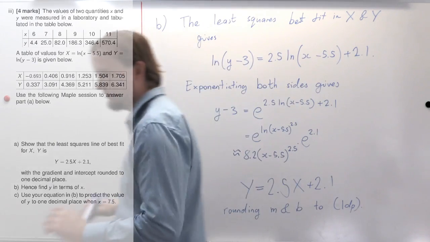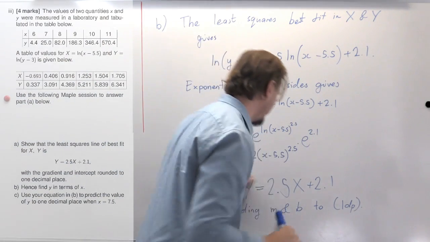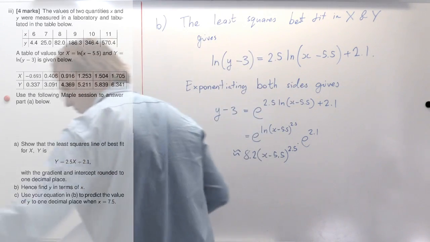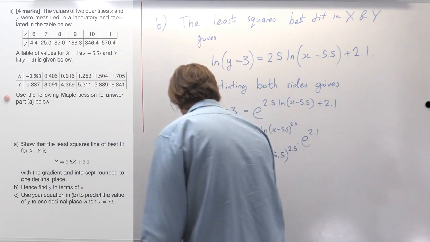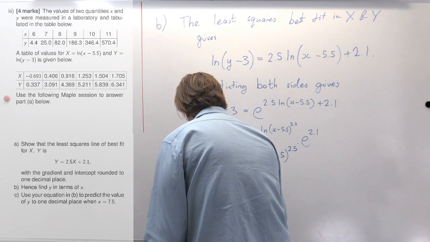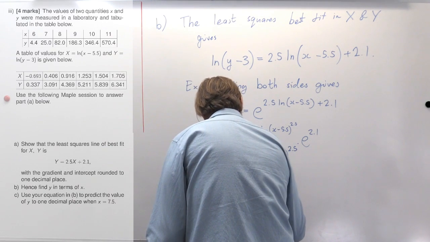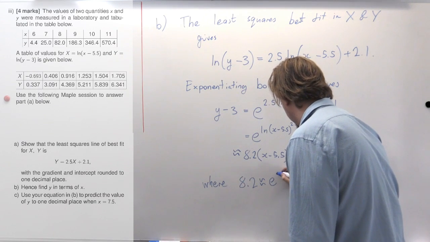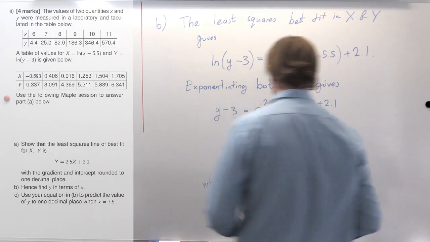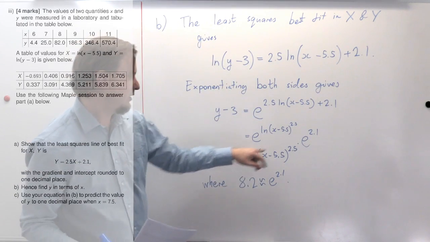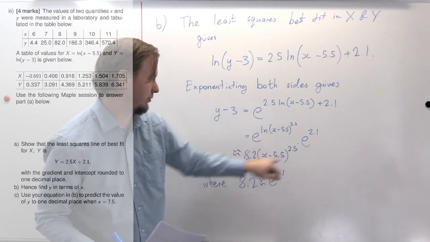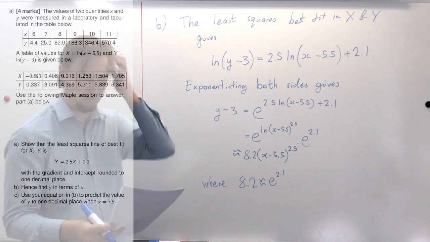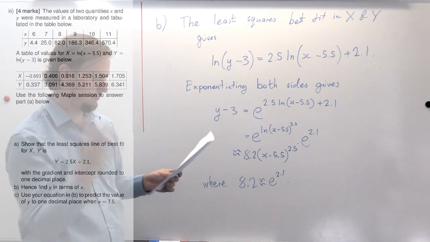And let me just add a reason for where that 8.2 came from: where 8.2 is approximately the exponential of 2.1. Just to explain, for anyone who looks at what I did, why I got rid of my e to the 2.1 and replaced it with 8.2. It's because they are approximately the same number, just to one decimal place.